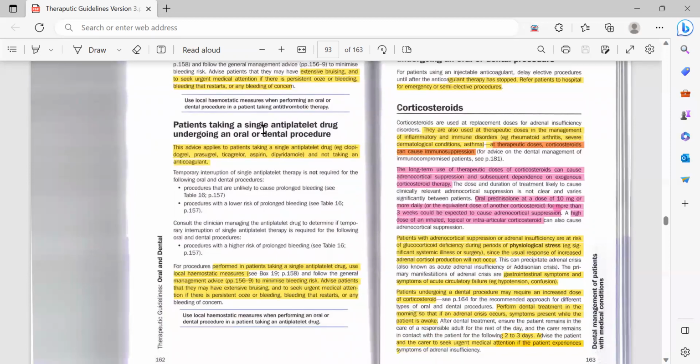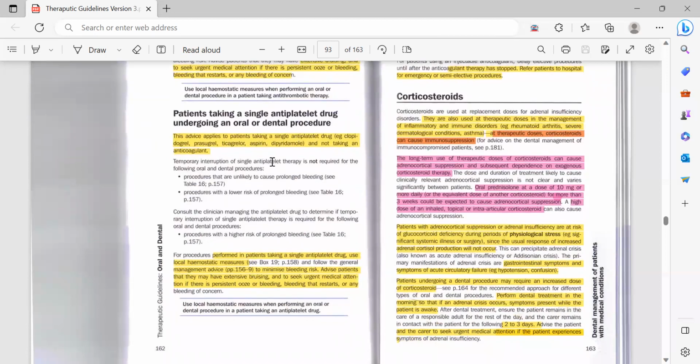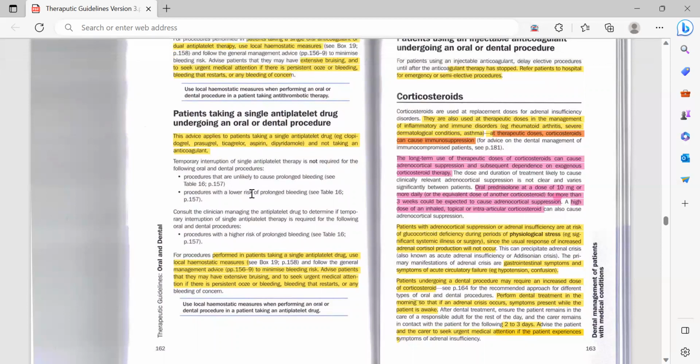Now, if the patient is not taking any anticoagulant and is only taking a single antiplatelet drug, maybe only aspirin or clopidogrel, then you can directly perform all the procedures that are unlikely to increase bleeding or are lower risk, whether there is a patient related factor or not.